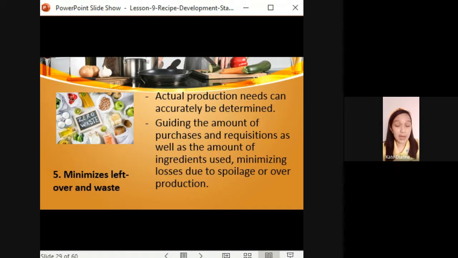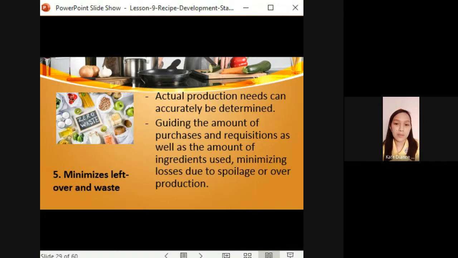So, since kaya na nating, since nakalist down na yung ating ingredients and the measurement, maiiwasan na natin yung may sobrang ingredients since meron na tayong sinusunod na standard, no? Mababawasan yung mga leftover, maiiwasan yung pagkakulang nung ating kailangan na ingredients.